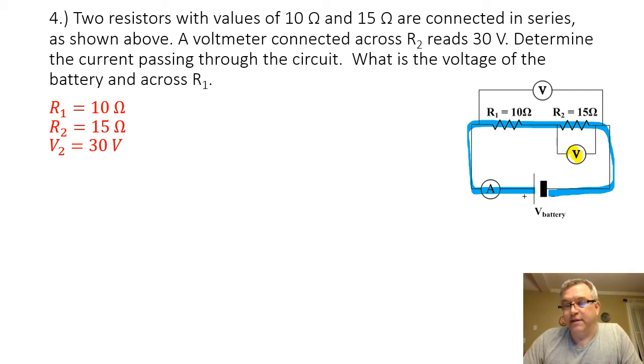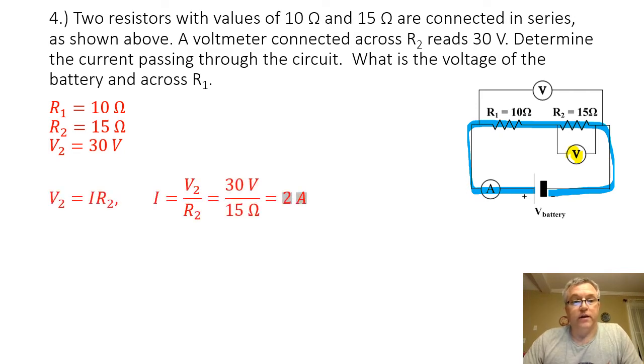So I know because it's a series circuit that my current is the same across each resistor and across the battery. So I need to know the voltage and the resistance going across either of the resistors or the battery. And I know on resistor 2, I know both the resistance and the voltage. So from that, I can find the current across resistor 2.